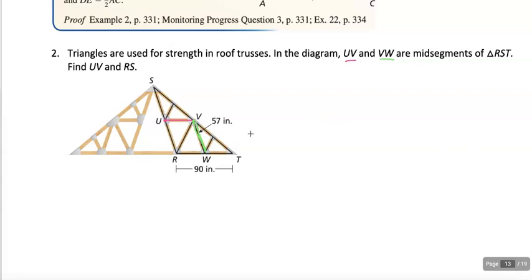That means I took the middle of RS with U and the middle of ST with V, and I drew a mid-segment. I took the middle of ST and RT and found W here and drew another mid-segment. Now I'm looking to find UV and RS.